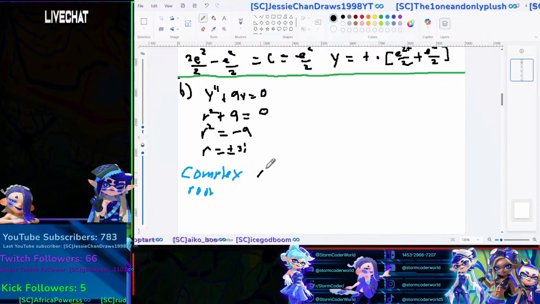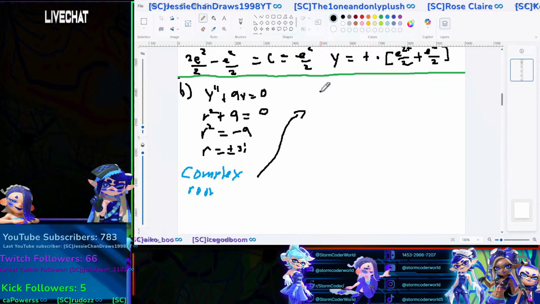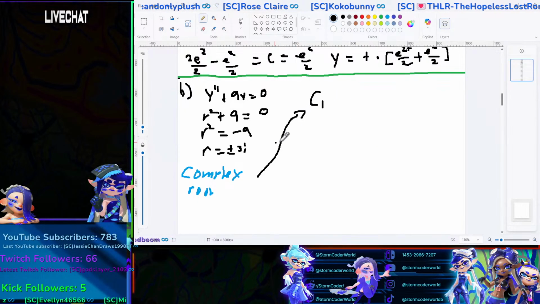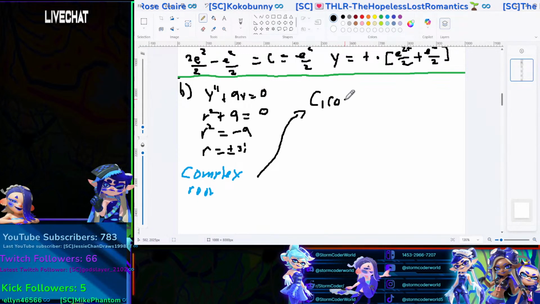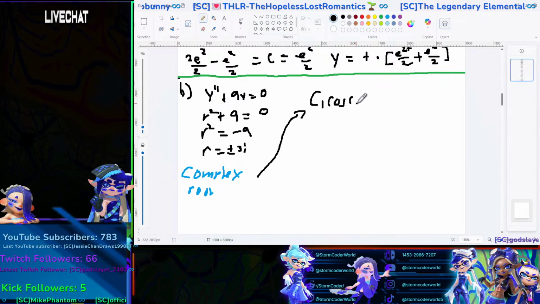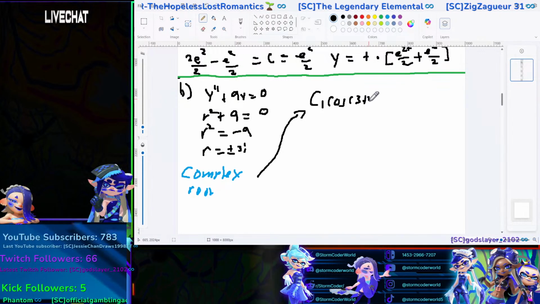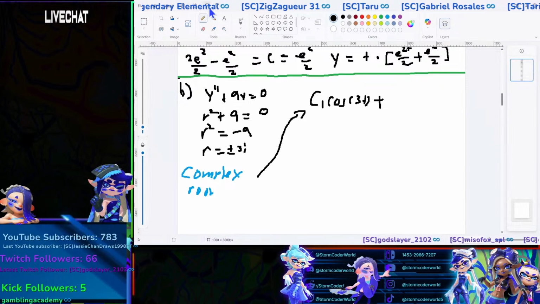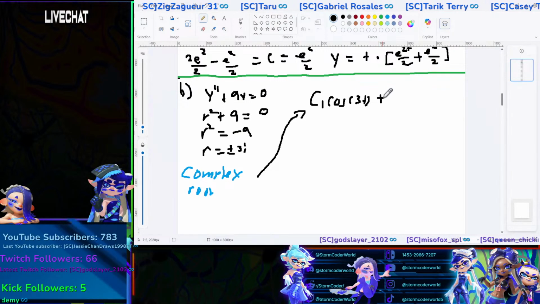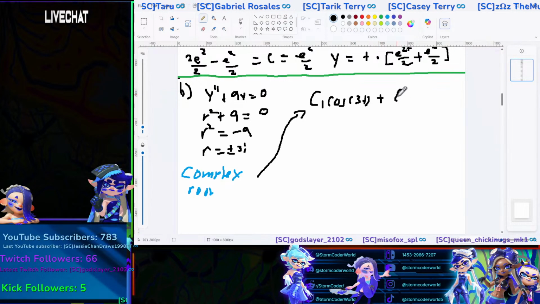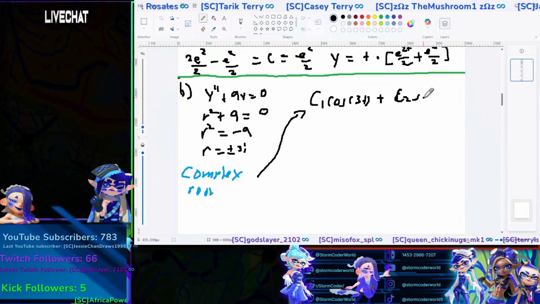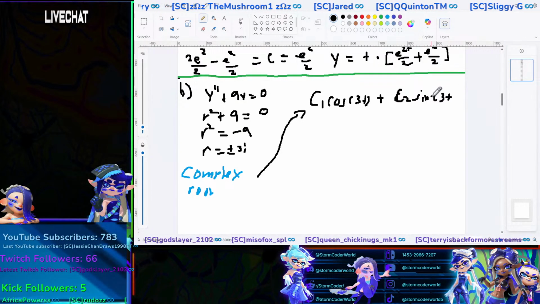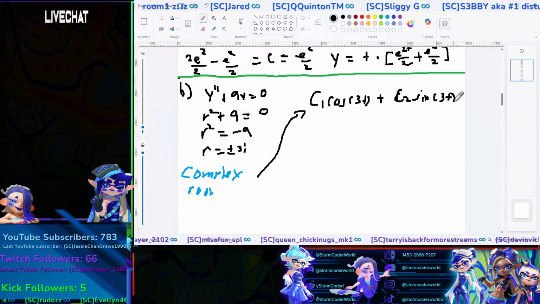So I would get C1, and then this would be cosine 3t plus C2 sine 3t. And that will be the second function.